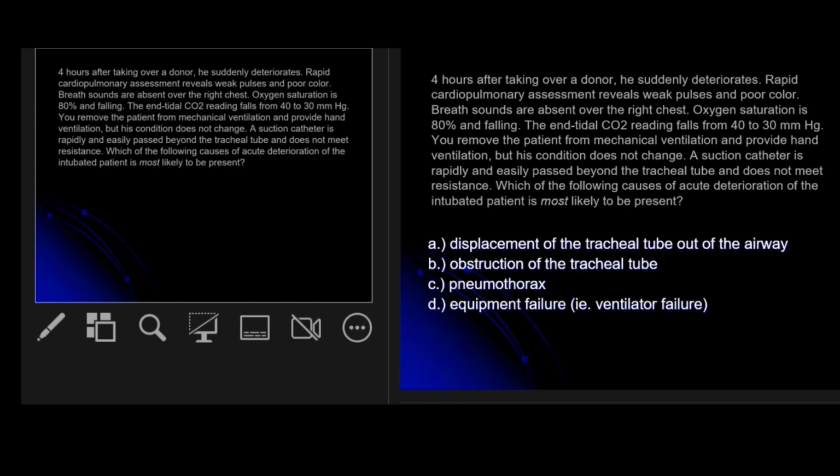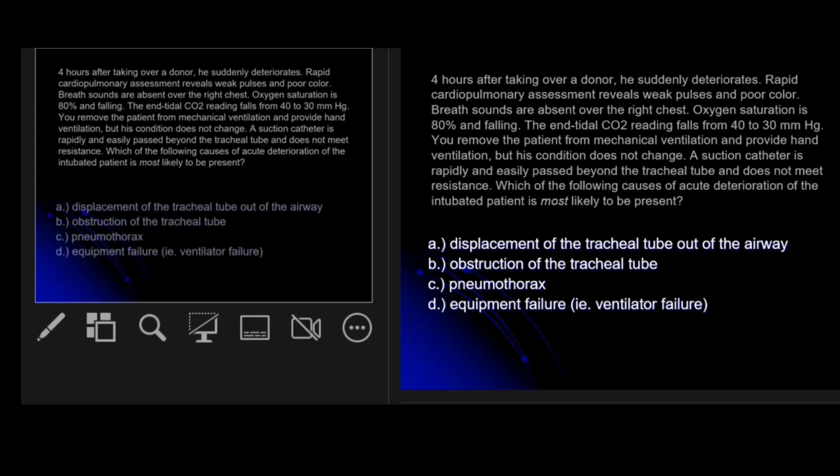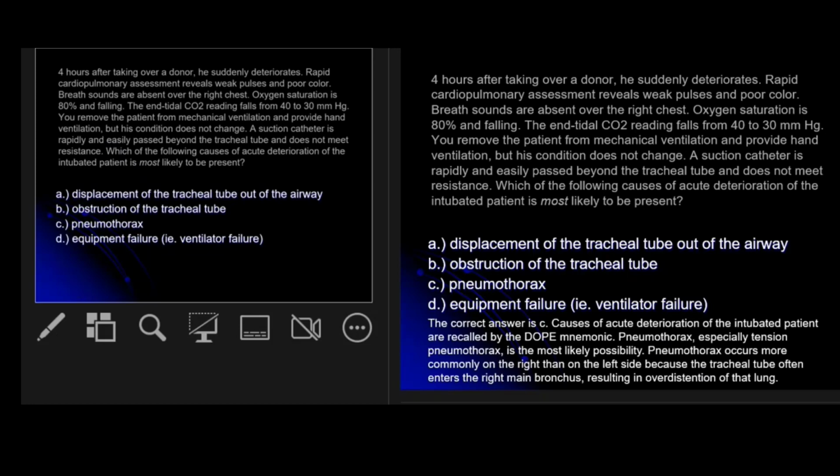A suction catheter is rapidly and easily passed beyond the tracheal tube and does not meet resistance. Which of the following causes of acute deterioration of the intubated patient is most likely to be present? Is it displacement of the tracheal tube out of the airway, obstruction of the tracheal tube, pneumothorax, or equipment failure?